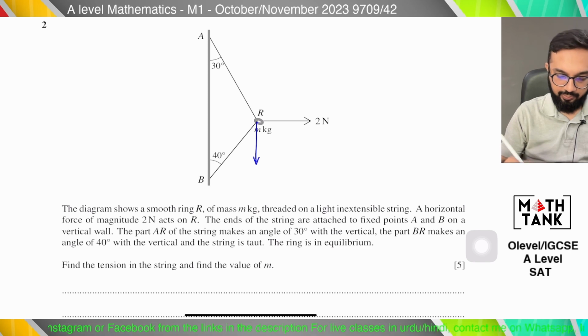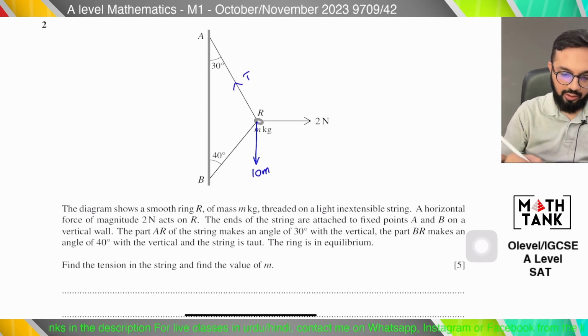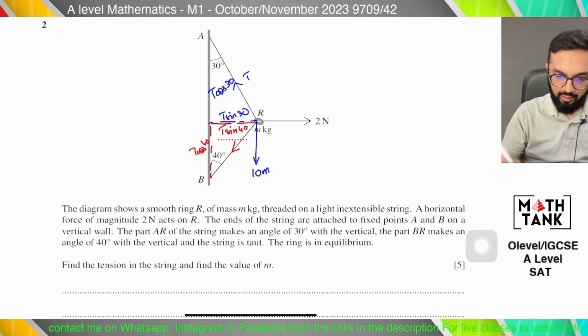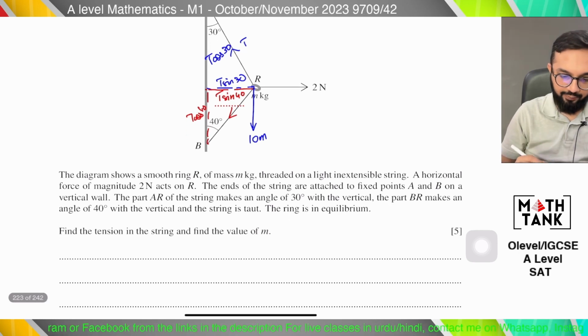Okay, so there's 10 m force here. There's a tension here. Let's resolve that. That's T cos 30 and T sine 30. There's a tension here as well, so that's T sine 40 and T cos 40. It's in equilibrium, so up equals down, left equals right.